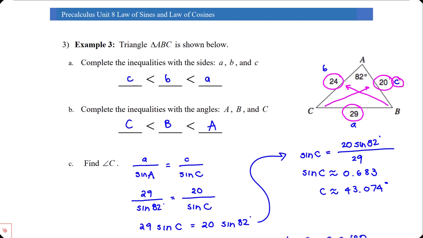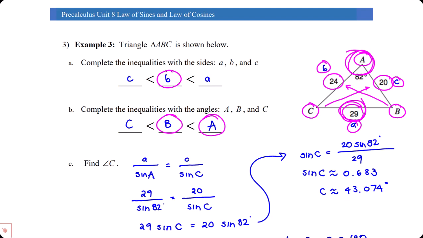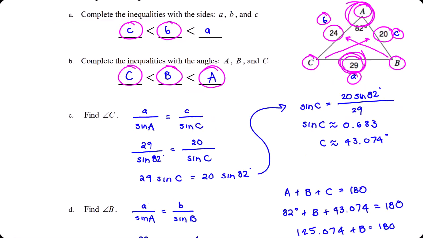That's why this is C opposite angle C, and this is B opposite angle B. This is A opposite angle A. And then notice that opposite the big side is the big angle. Opposite the in-between side is the in-between angle, and opposite the small side is going to be the small angle.